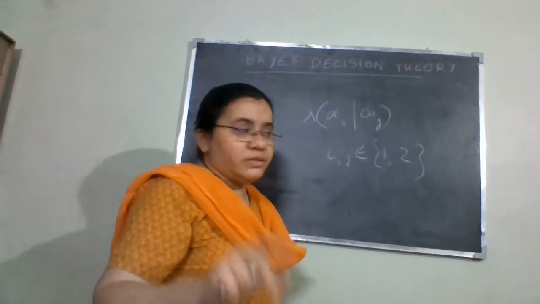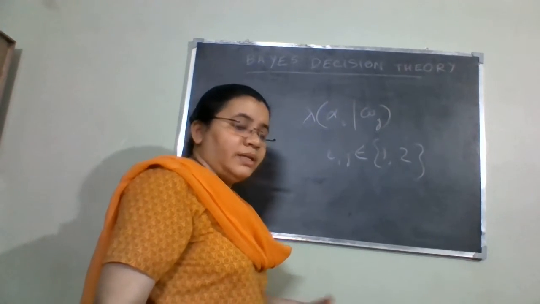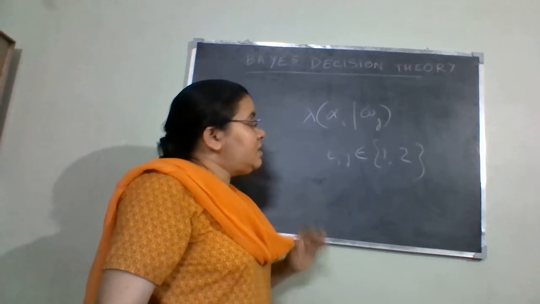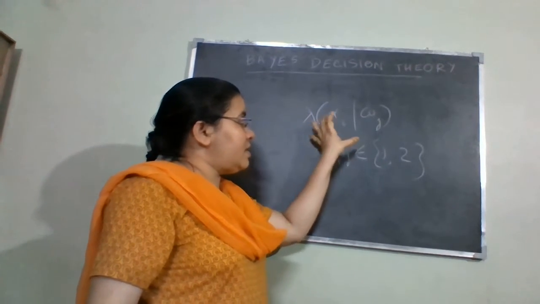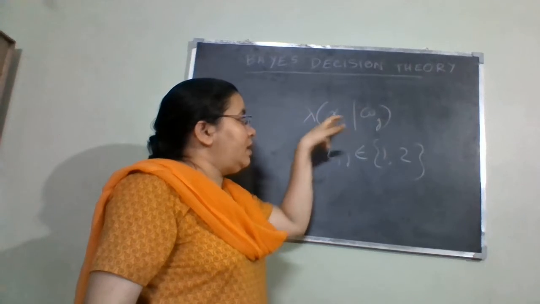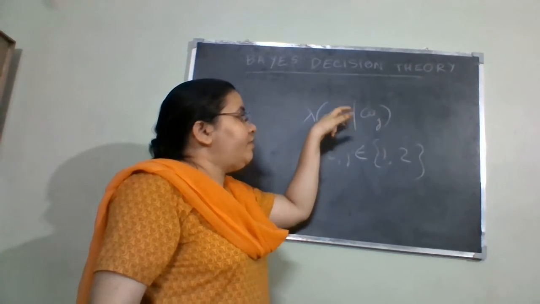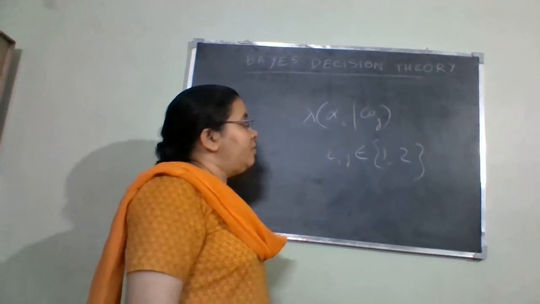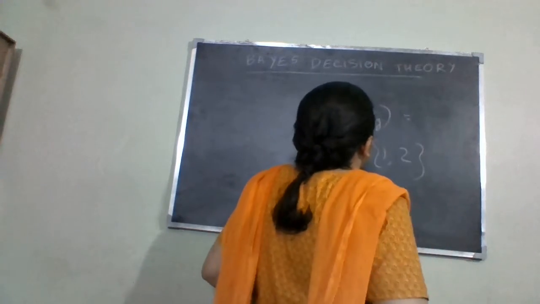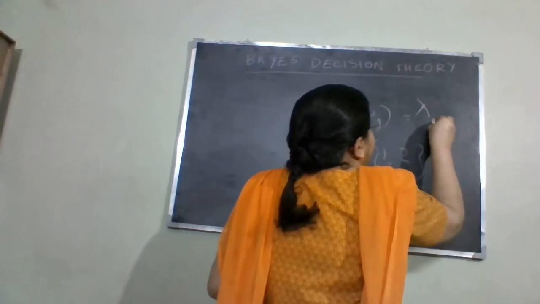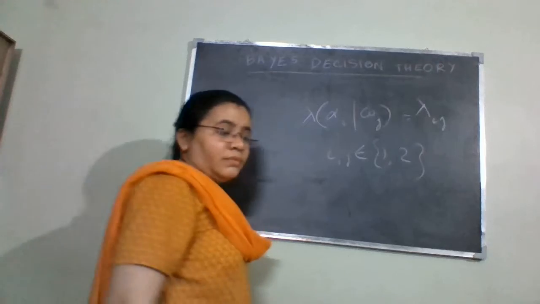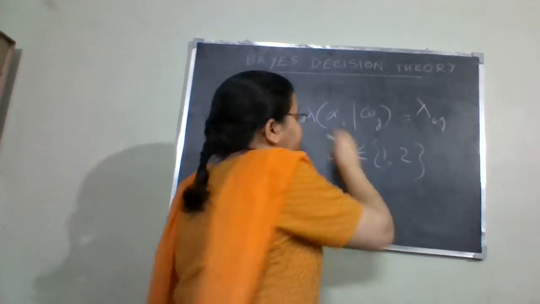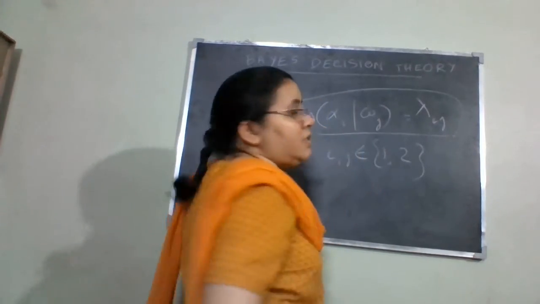Now for notational simplicity: when we are making derivations or solving problems, each and every time I cannot write such a big function, lambda, then a brace, then alpha i slash omega j. It's not possible always. So I make a simple notation, lambda ij. These two terms are equivalent.